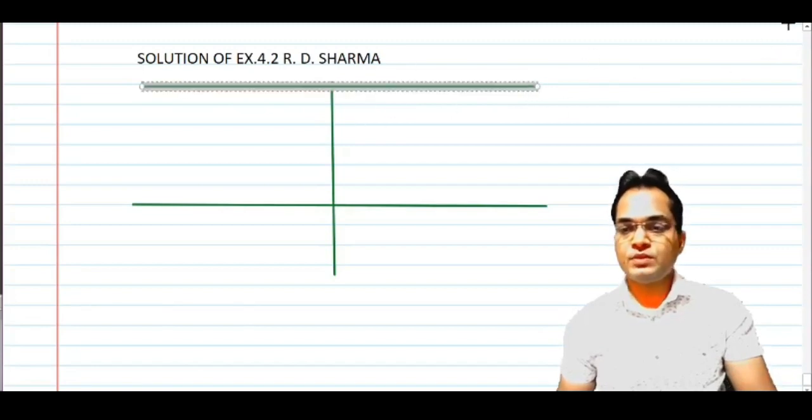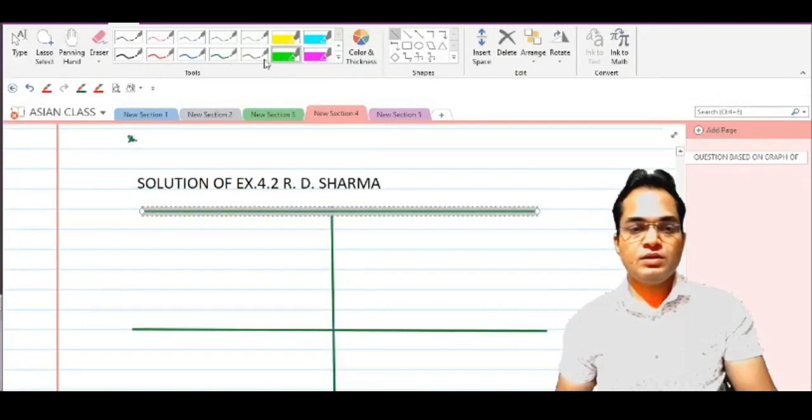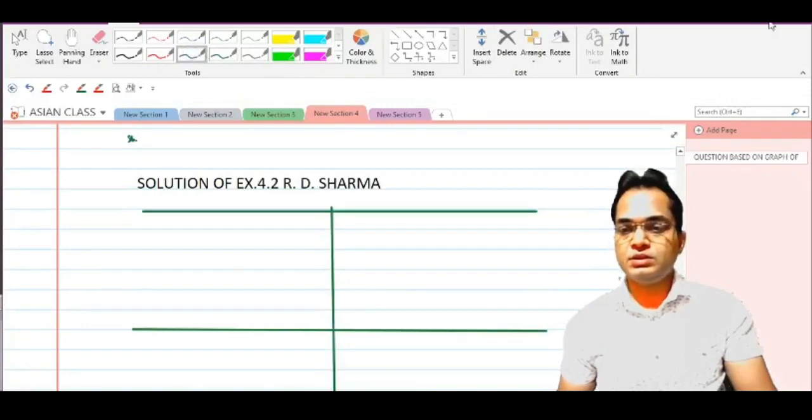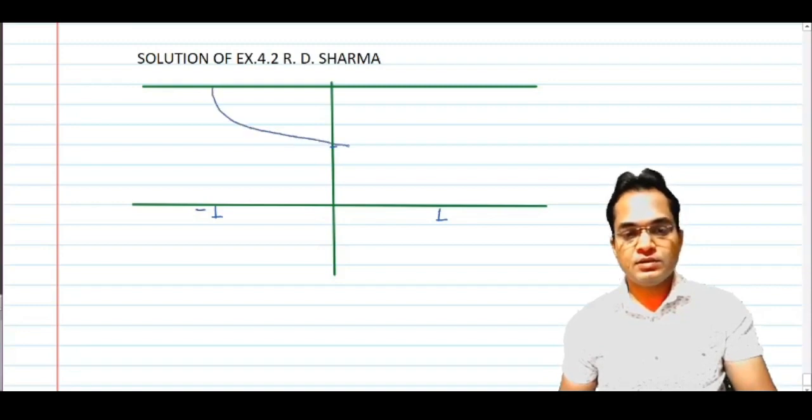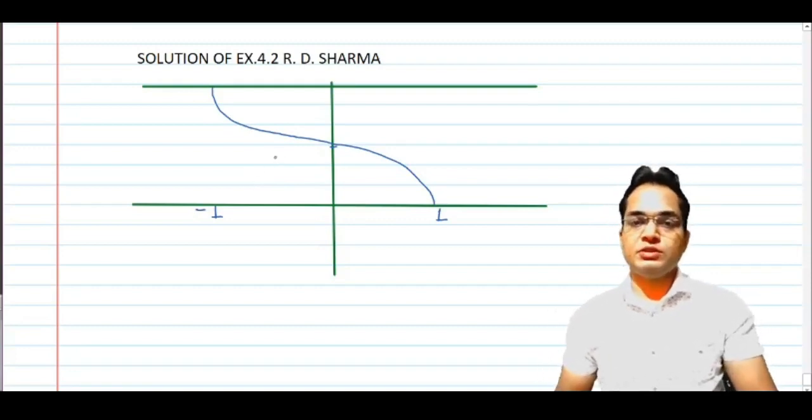Then take this point, and now the graph of this is defined from -1 to 1, as you know. And this is pi by 2. The graph will look like this.